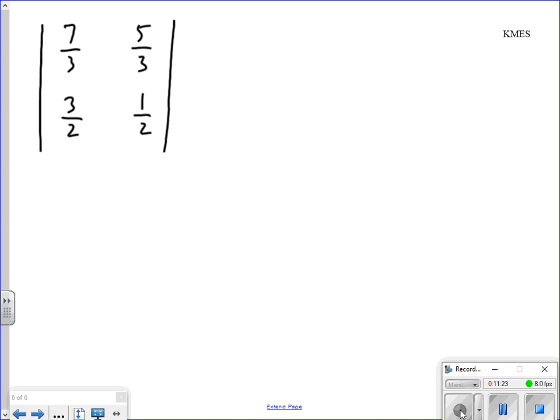Welcome back. Now this is another determinant and we are asked to find its value. So here we have 7 upon 3 multiplied by 1 upon 2 minus 5 upon 3 multiplied by 3 upon 2.